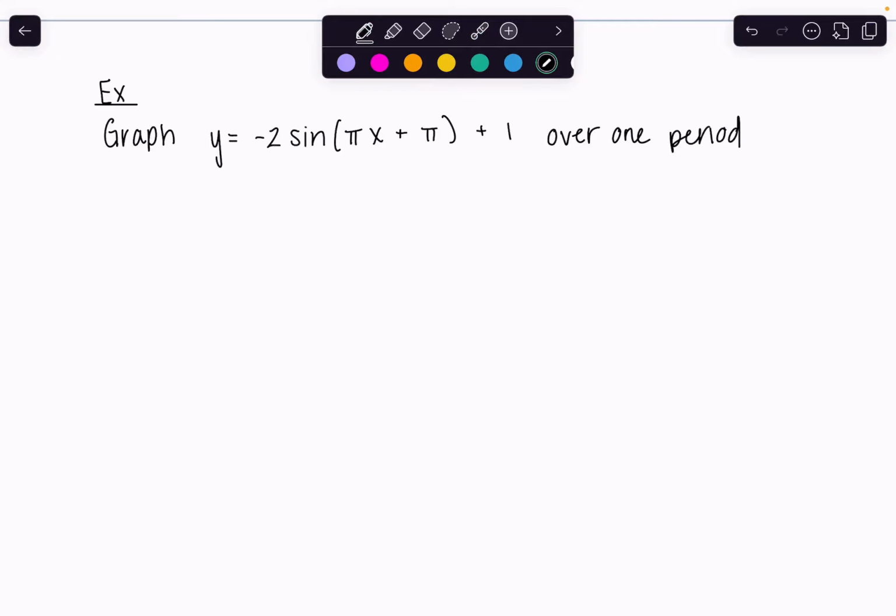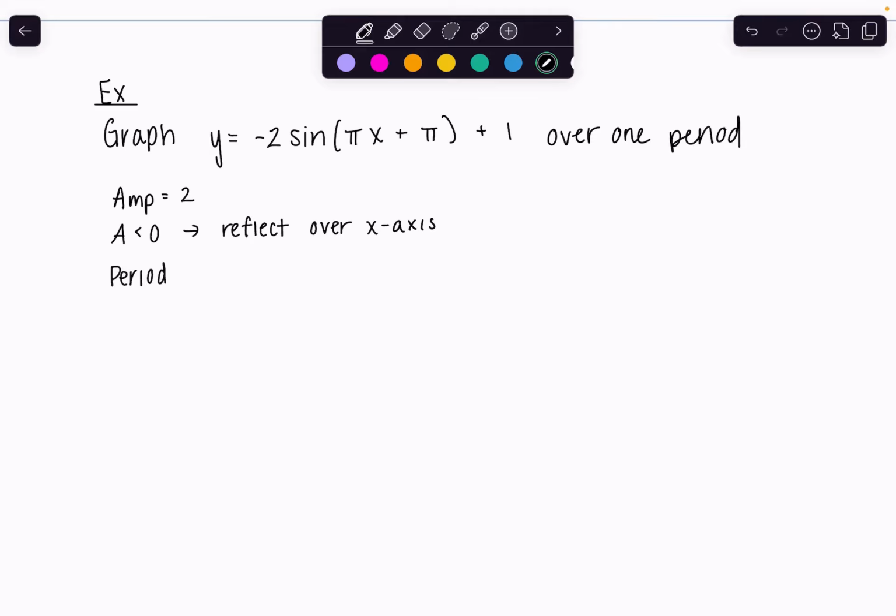My amplitude in this case is 2. And then because my A is negative, we're going to need to reflect over the x-axis. But I'll do those reflections after I graph it once. I want to figure out what I need to start my period at and what I need to end my period at.